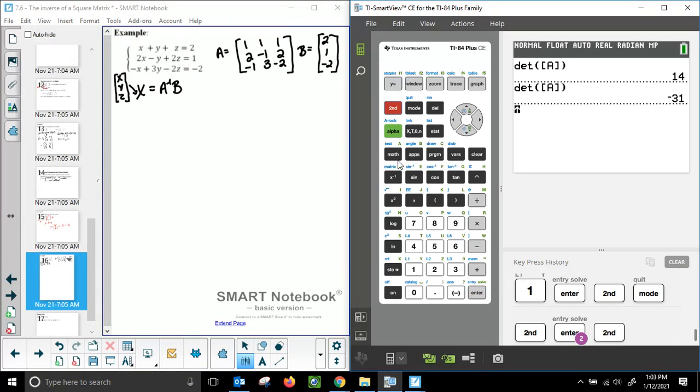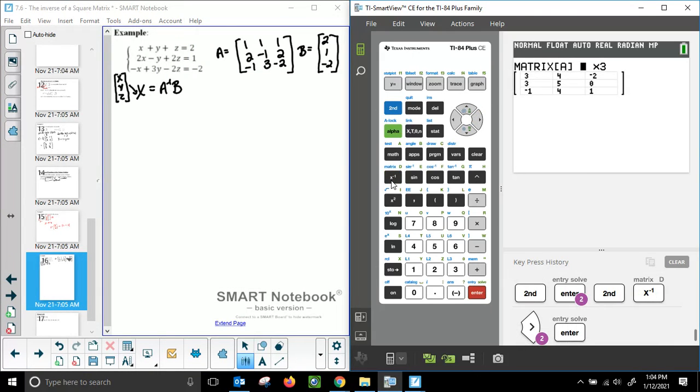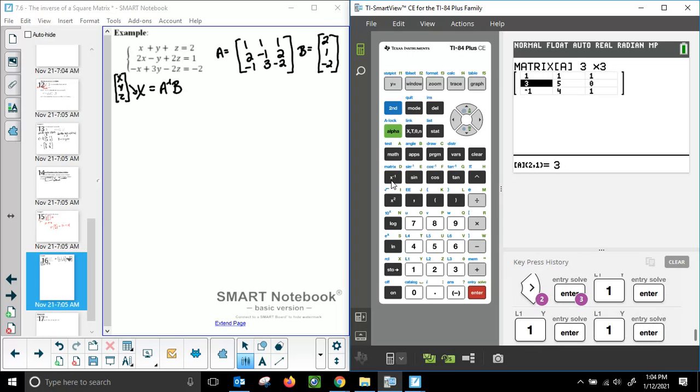So if we go back to our matrix menu here, we're going to edit matrix A. It is a 3 by 3. 1, 1, 1, 2, -1, 2, -1, 3, -2.